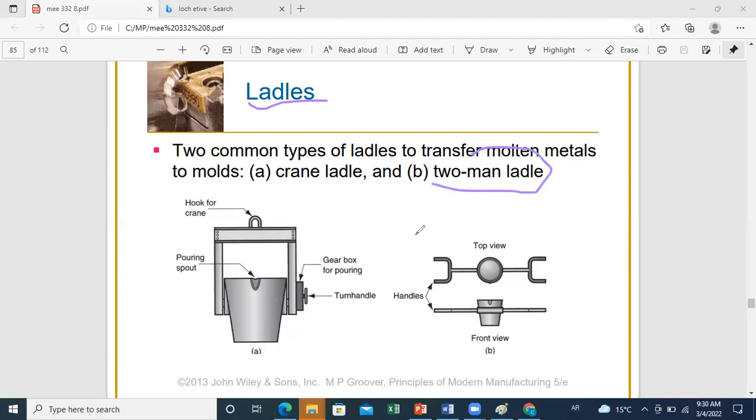So you have two men that will transport the ladle, and here you can ensure a longer distance between the worker and the ladle. And in case of lower temperature applications, you can just have one worker transporting the molten metal, using what is called a crane ladle. So these are the main two types used, and depending on the temperature of your metal, you can decide which one to use.